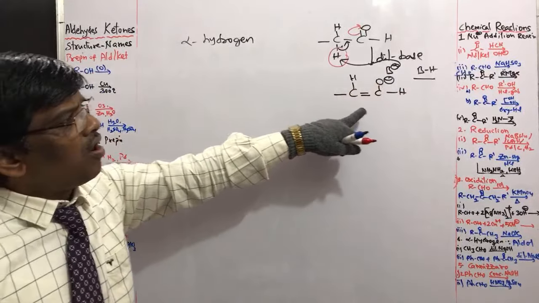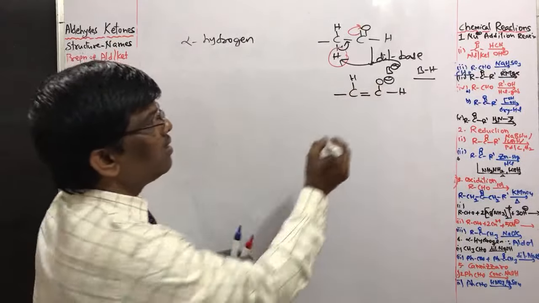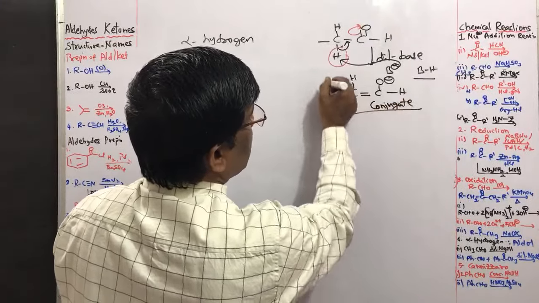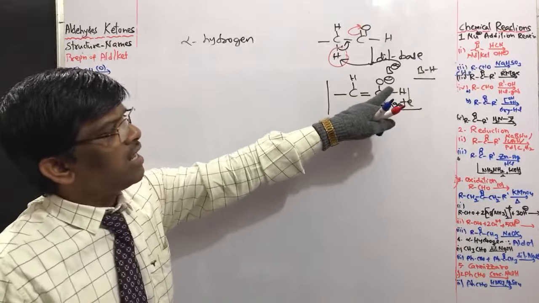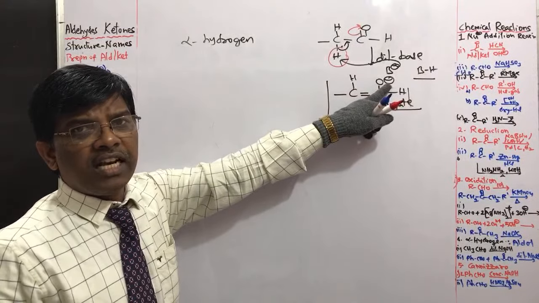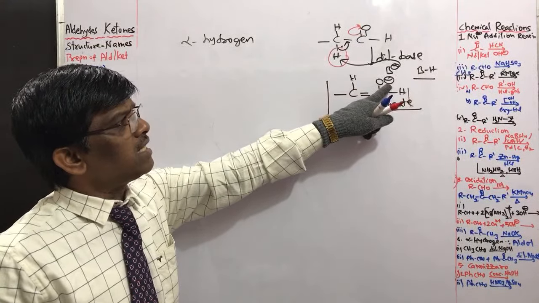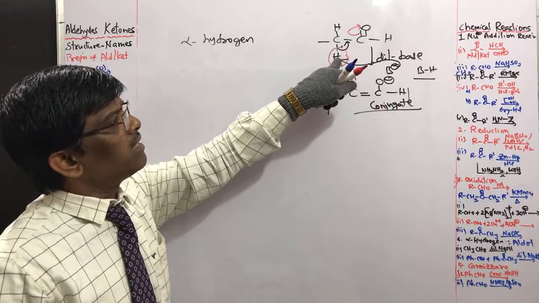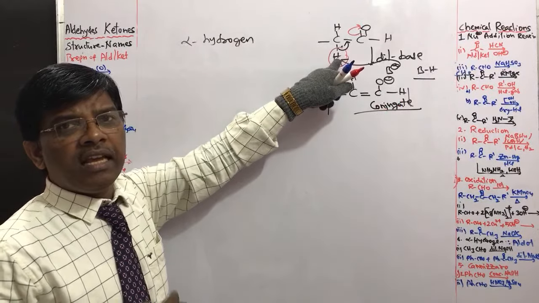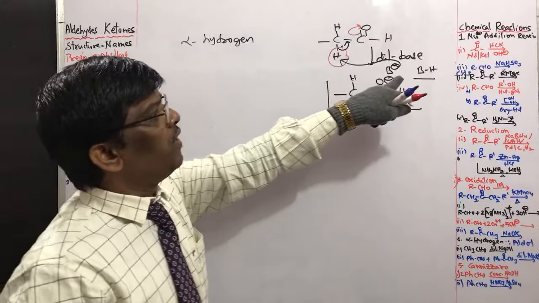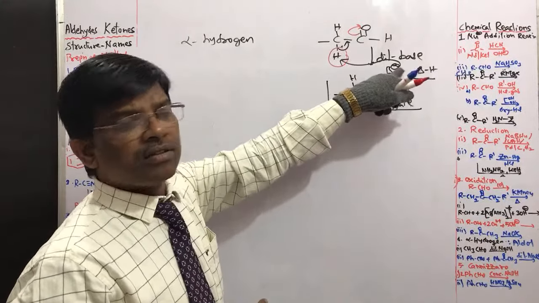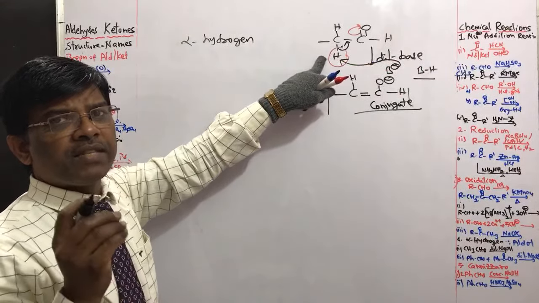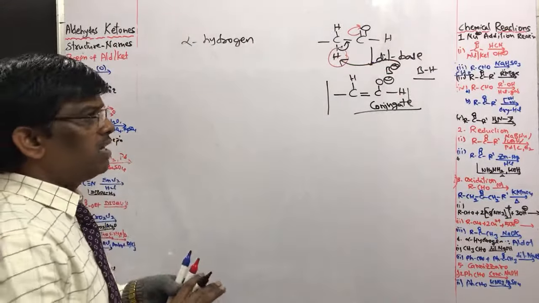This conjugate base is stable because of resonance stabilization by the oxygen negative charge. This O minus is stable, that is why this conjugate base is stable. This hydrogen easily goes out with a simple mild base. So compounds having this alpha hydrogen undergo specific reactions. Let us take one example and see.